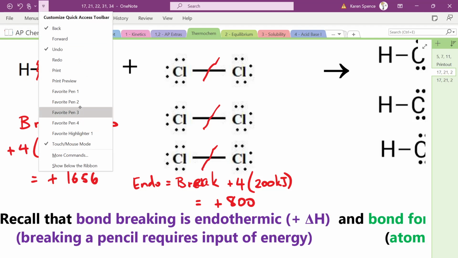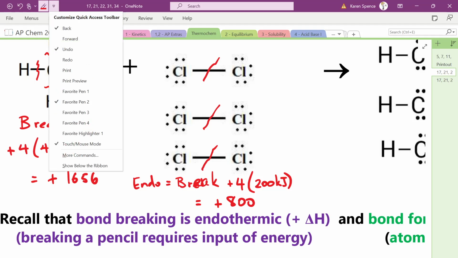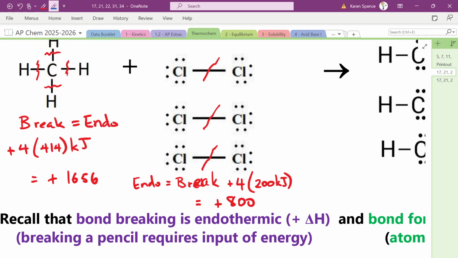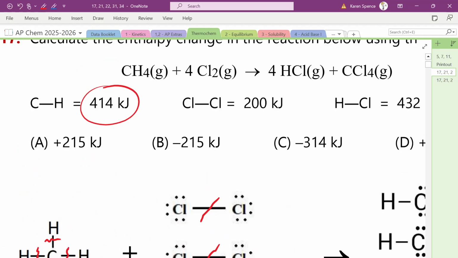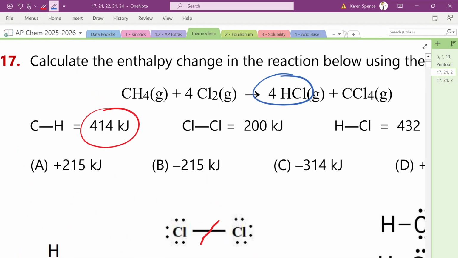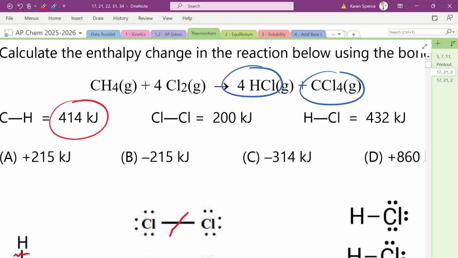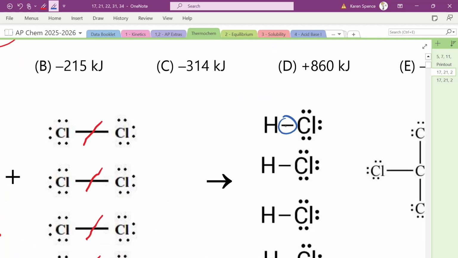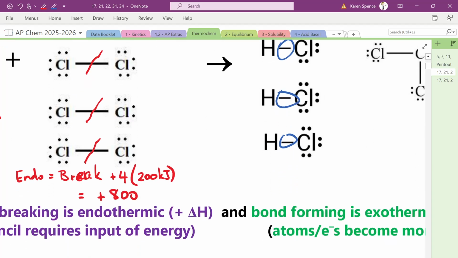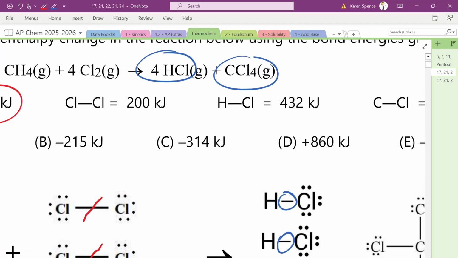And then we are forming, so in our products, if we go back to our reaction here, we have 4 HCl's and a CCl4. So we are forming 1, 2, 3, 4 HCl bonds. And the energy of the HCl bond is 432.